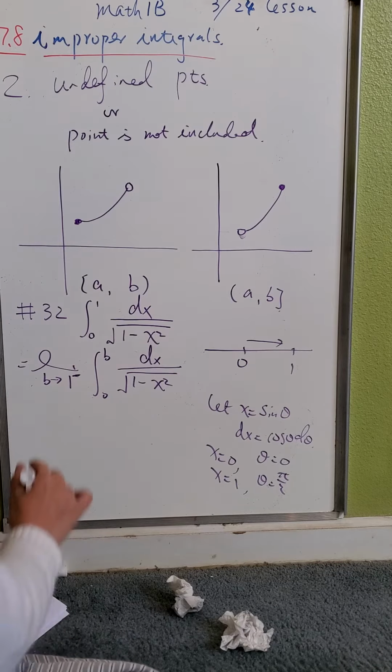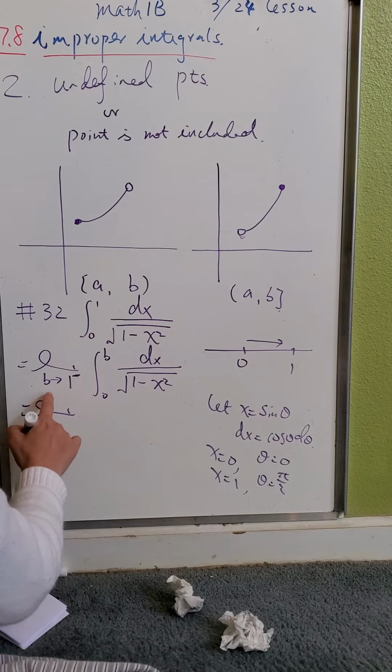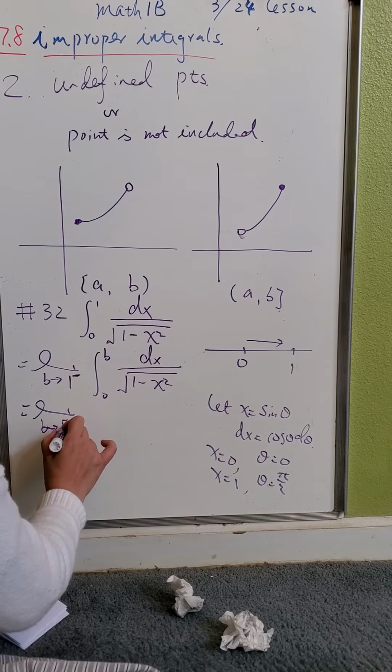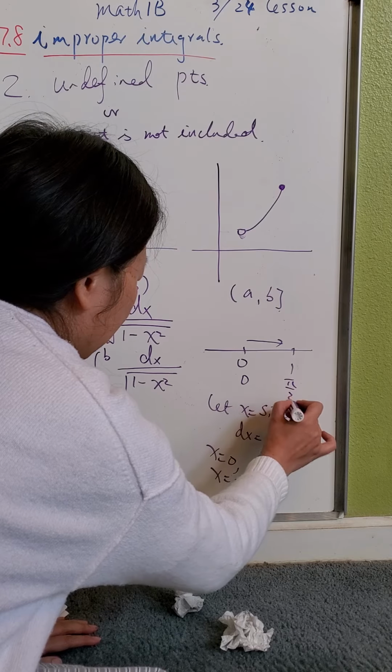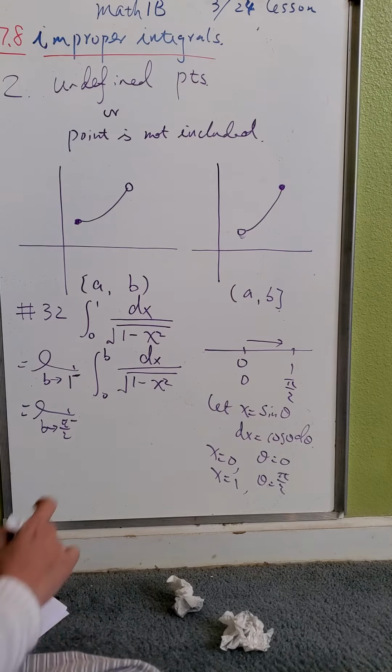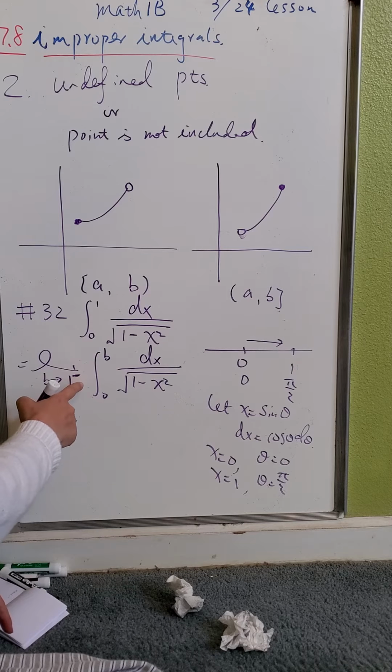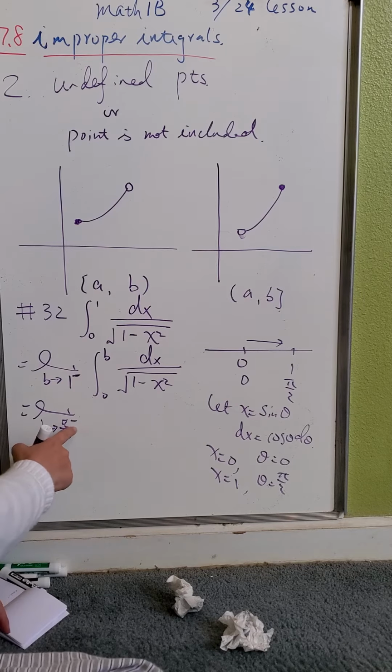So now that means this time B approaches pi over 2 from the minus side. So this becomes 0, this is your pi over 2 now. So approaching 1 from the negative side becomes approaching pi over 2 from the negative side.